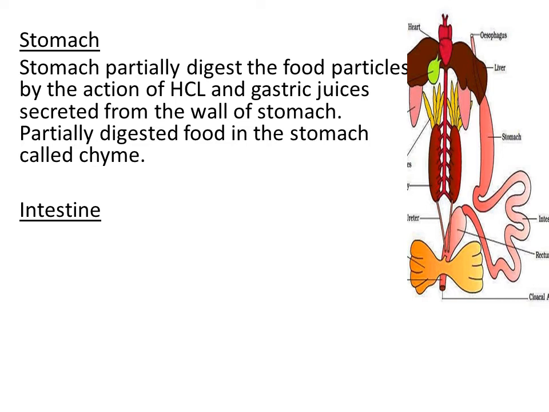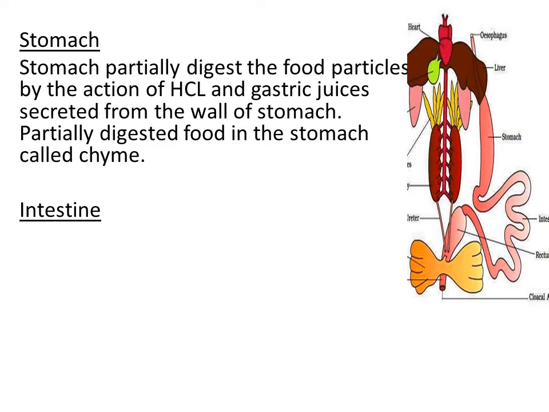So the liver secretes the bile juice that gets stored in the gallbladder, right? And the function of the bile is it emulsifies fat. That means the simplification of fat takes place with the help of bile juice, right?